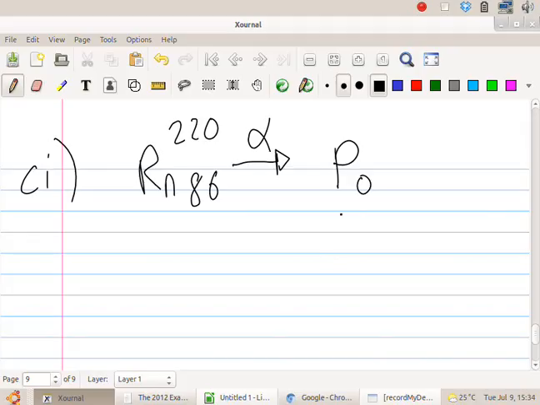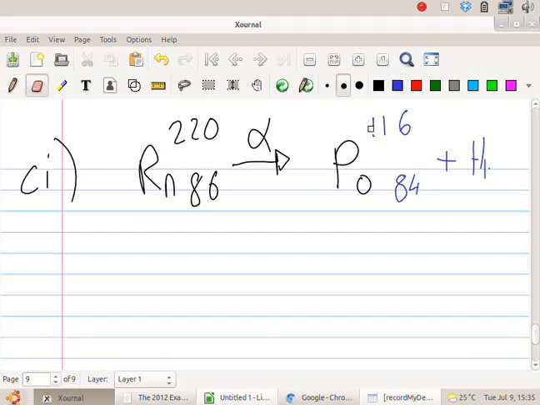And you have to finish it, yeah? Well, alpha, what happens with alpha? It loses 2 protons, 2 neutrons, yeah? So this becomes 222, 84, plus a helium.